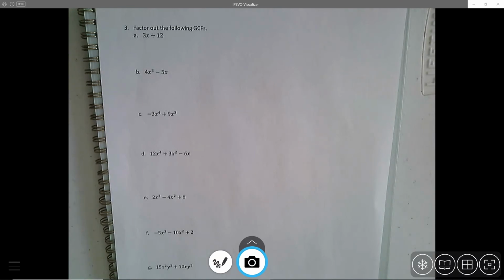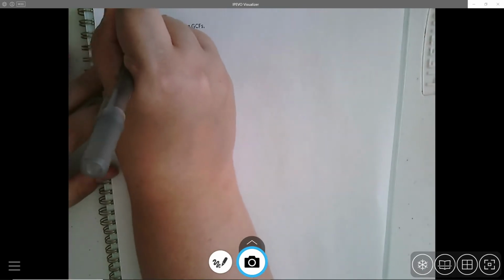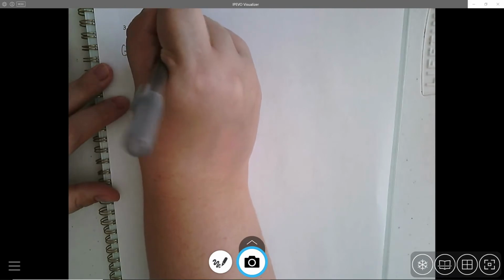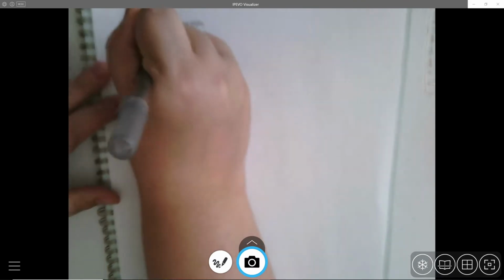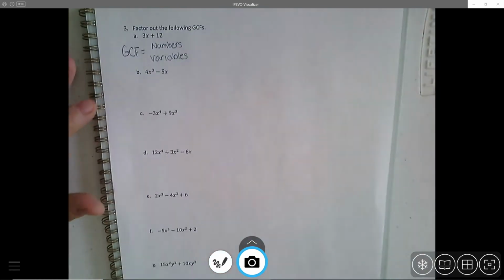So first, here on A, the first thing we have to think about is our GCF. We need to think about it in terms of numbers and of variables. So we're going to combine the first part and the second part that we did.